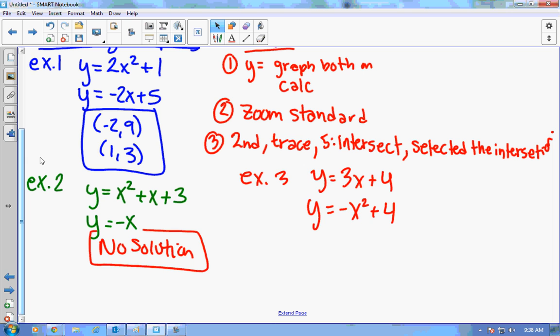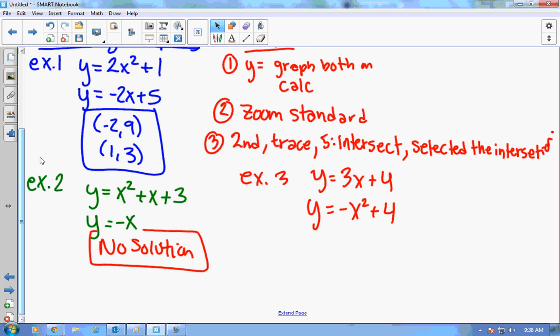Who else had an error in the front? Did you get that worked out? Okay, this one does definitely intersect. How many times does it intersect? Twice. It is possible to only intersect once, so sometimes you'll have only one solution.